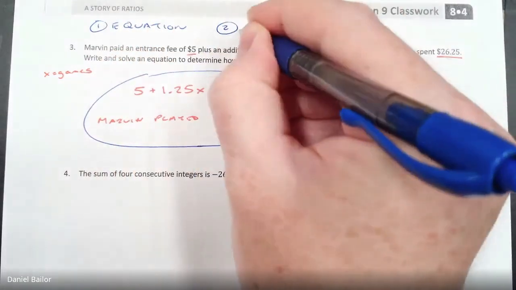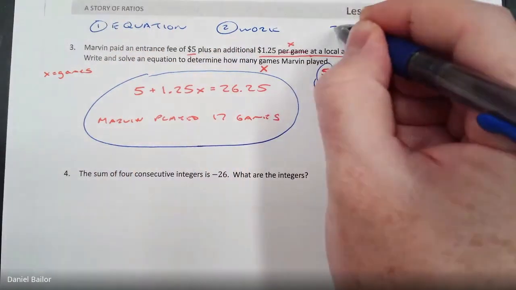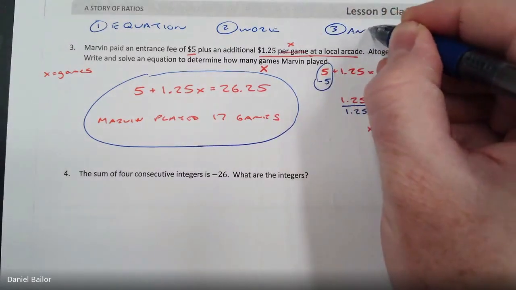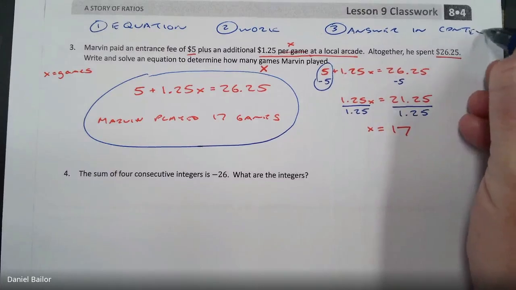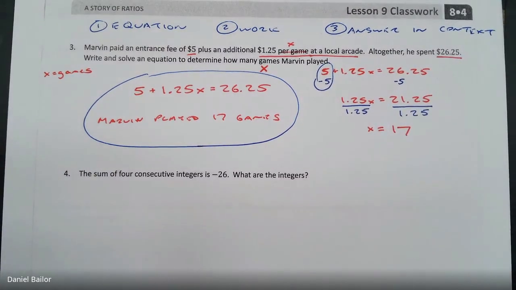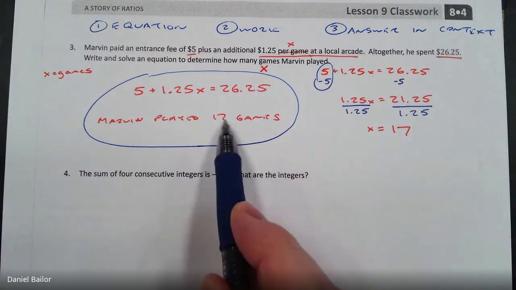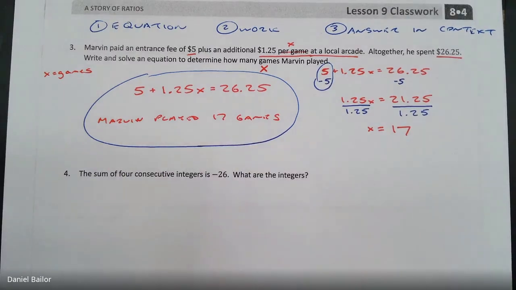Second thing I want to see is your work. Third thing I want to see is the answer in context. Not the answer by itself, but what the answer means. Like Marvin playing 17 games is in context. Just telling me 17 is not good enough because this is application.